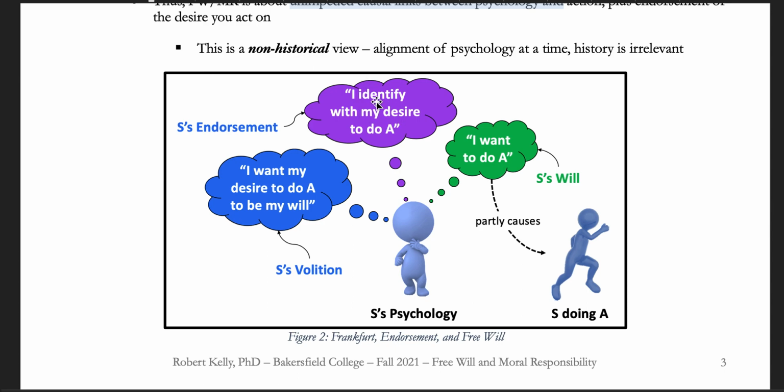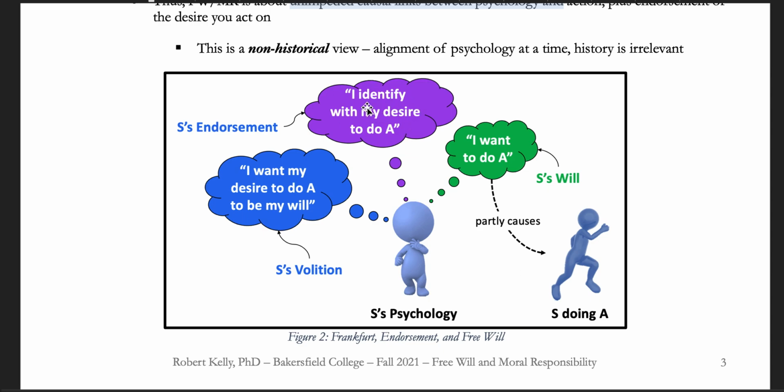But then we have to add, I identify with my desire to do A. I like this desire. I not just like it, but it represents me. It doesn't have to be this robust, but it's something I've thought about. I identify with that kind of person who would do A. That kind of higher order thought, not clear if it's a desire or a judgment, but this kind of higher order thought, yes, the desire to do A is representative of me.